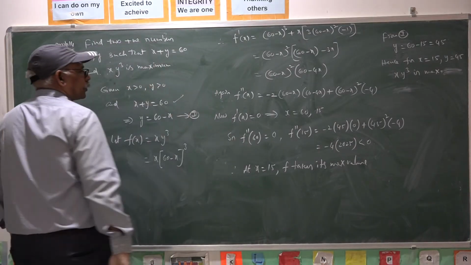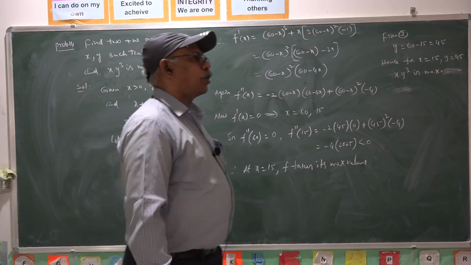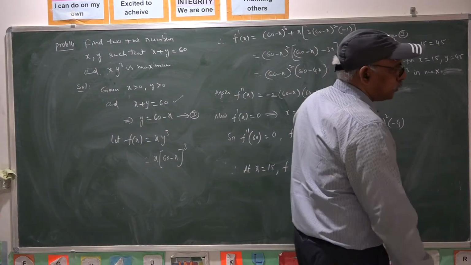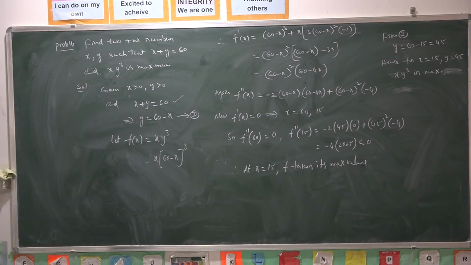So once the sum is 60 fixed, the product x y cube is maximum whenever x is 15 and y equal to 45. For that, I am just taking the second derivative test.